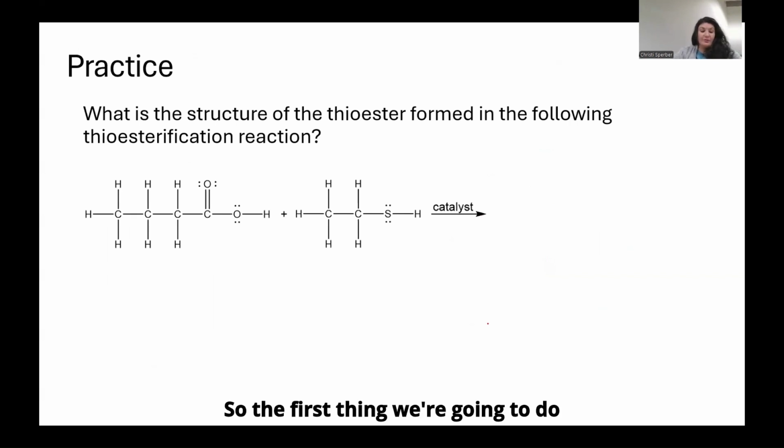So the first thing I'm going to do is draw the structure up until the carbonyl carbon for my product, because I know none of this changes, only the functional group part changes.